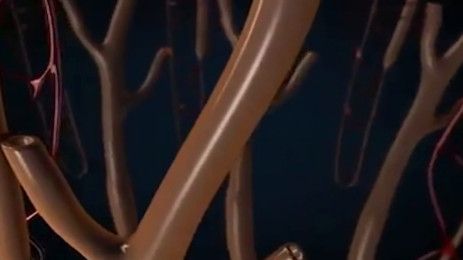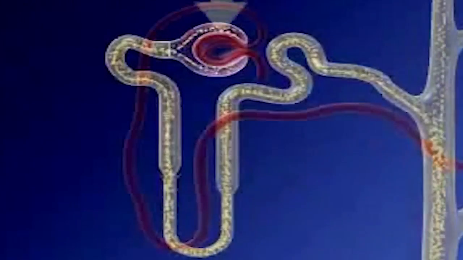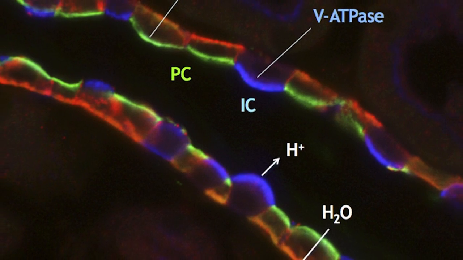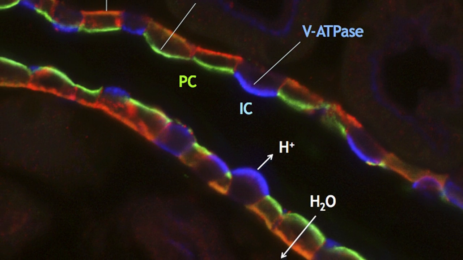The late distal tubule and cortical collecting tubule reabsorb 3% of the filtered water and control the degree of dilution and concentration of urine. It is also under the control of antidiuretic hormone and relatively impermeable to urea. There are two cell types in these areas: principal cells and intercalated cells.